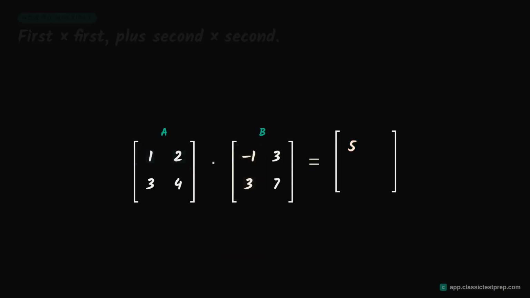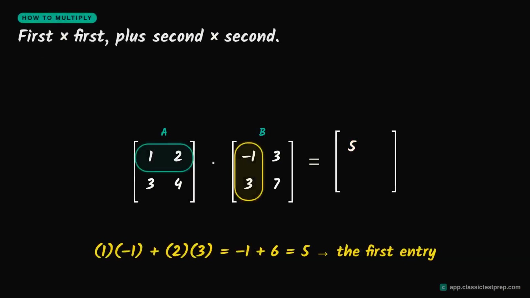That's really the key. You multiply the first term times the first term, and then you add that to the second term times the second term. So -1 times 1 plus 2 times 3. That's -1 plus 6, and that's 5, which is the first entry in the resulting matrix when we multiply these 2 together.